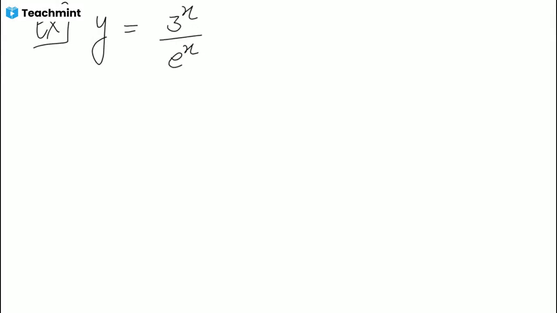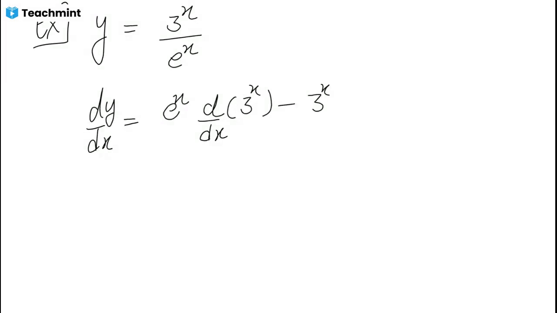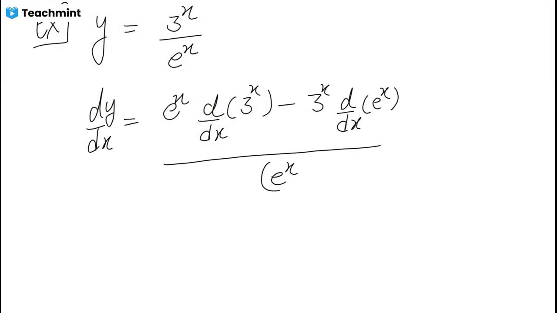So we have a quotient form of two functions, so let us find its derivative. dy over dx is equal to the denominator into the derivative of the numerator, minus the numerator into the derivative of the denominator, over the denominator square.